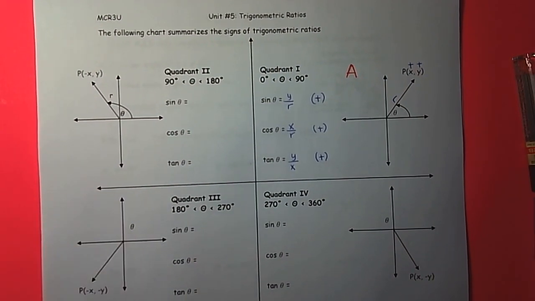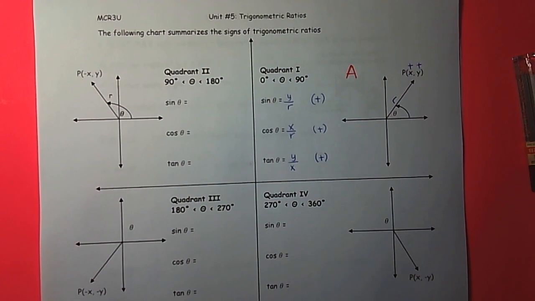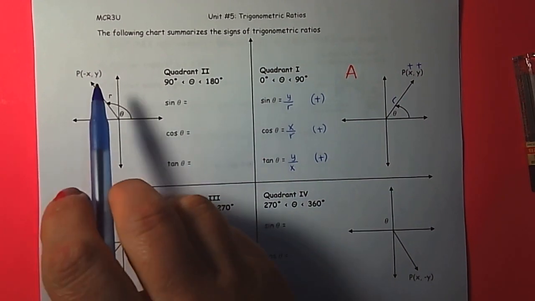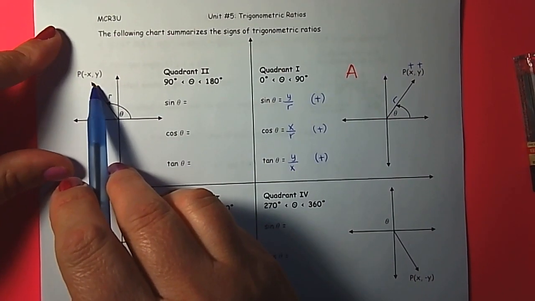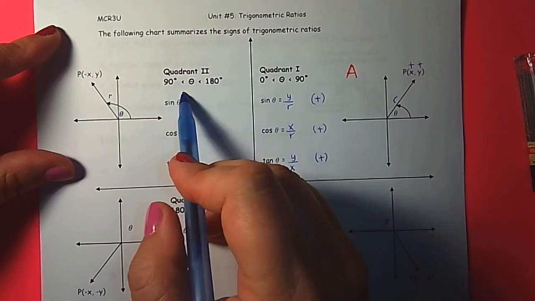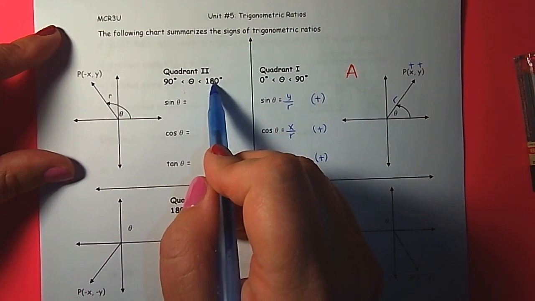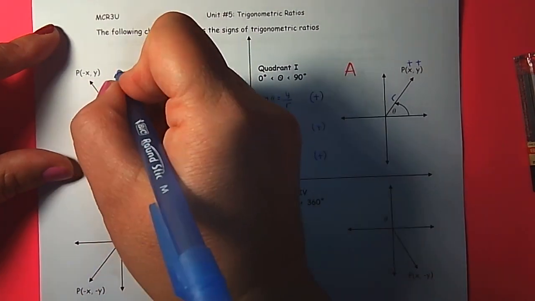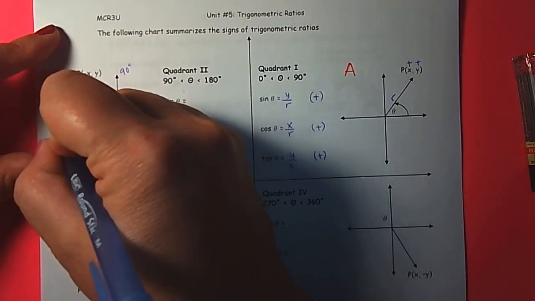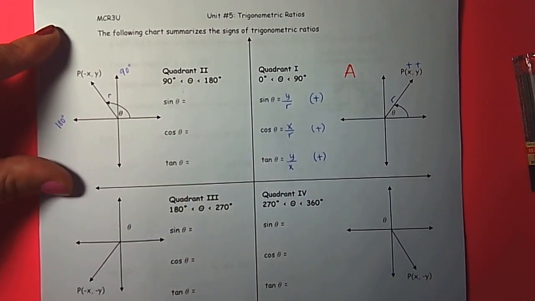So let's look at quadrant 2. In quadrant 2, we know that x coordinates are negative and y coordinates are positive. And the angles between 90 and 180, so this is, as you remember, positive 90 degrees, and this is 180 degrees.